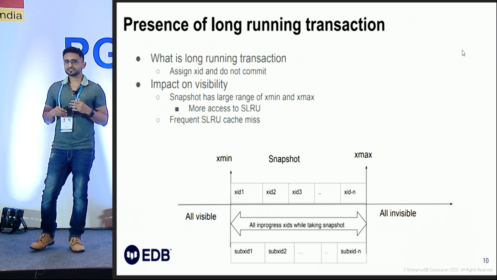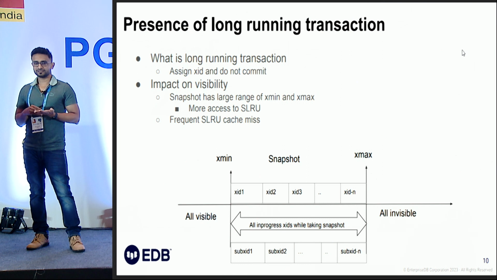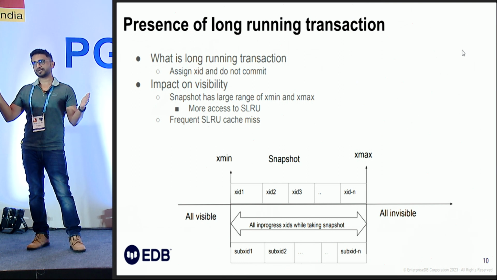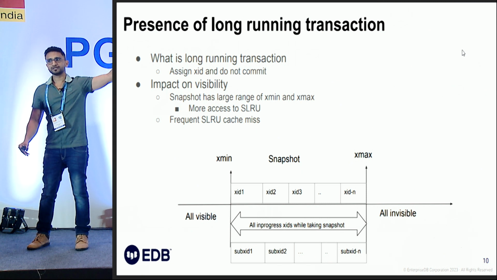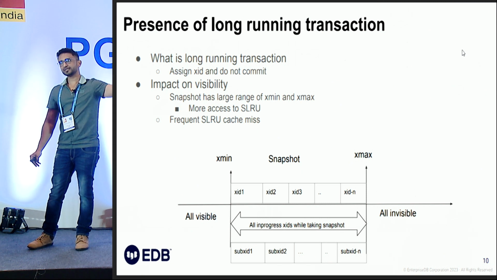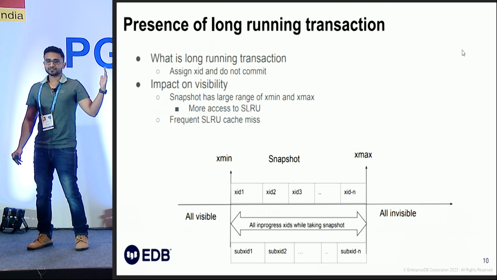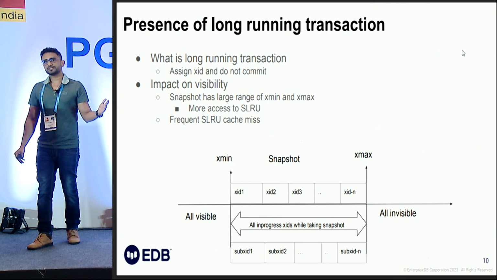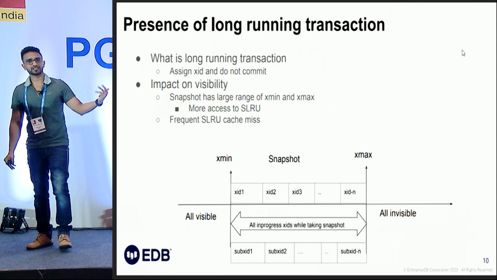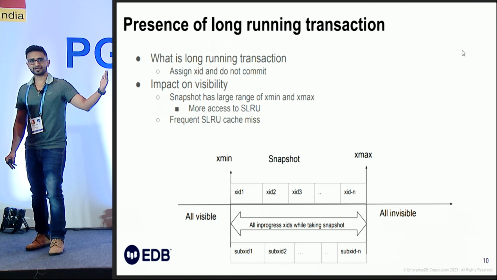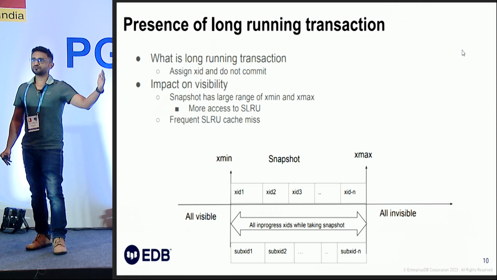So what happens is, first, we talked about the snapshot, there is a range of xmin and xmax. The smallest, the oldest transaction ID which is running is the xmin. So if there is a long running transaction, suppose you start a transaction and leave it running for 4 hours, it means the xmin becomes very, very old.